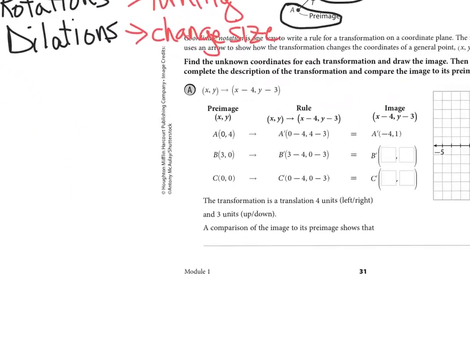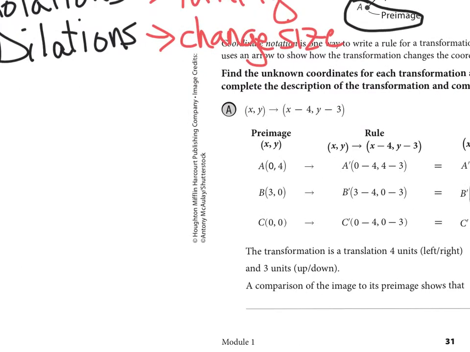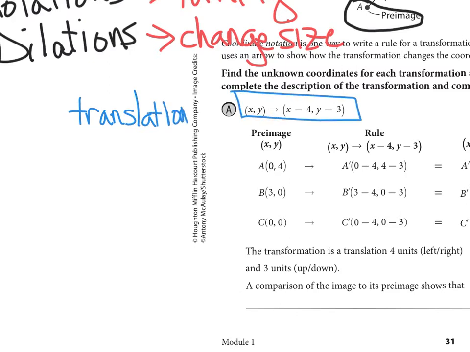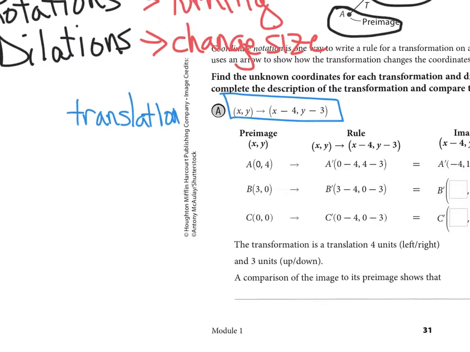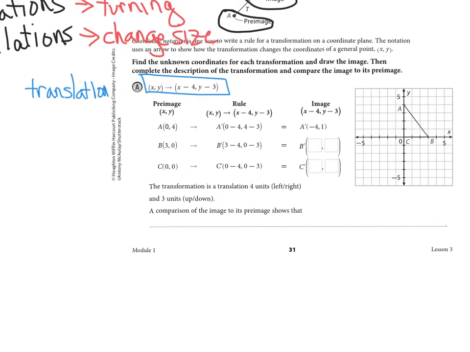So if we look at this first example, this is going to be a translation. And if we look at this notation up here, xy goes to x minus 4, y minus 3. So what you're doing is subtracting 4 from every x, and subtracting 3 from every y.